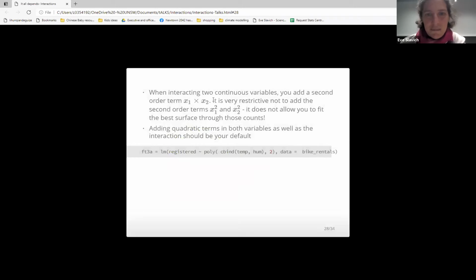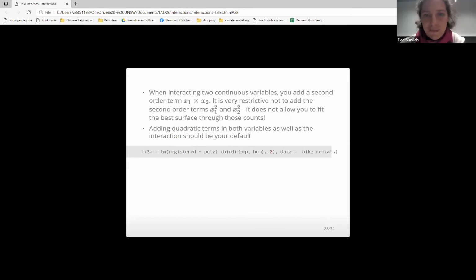When you try to put that 3D surface in, it's quite restrictive just to add x1 and x2 without adding the second order terms x1 squared and x2 squared. So adding the quadratic terms in as well as the interaction should be your default. So you can do that by fitting a polynomial through temperature, humidity, squared.